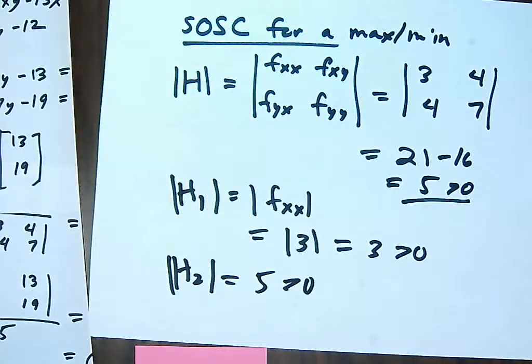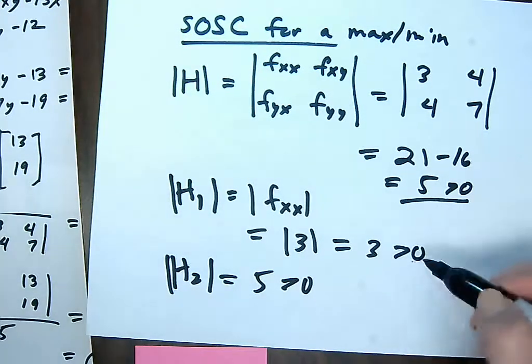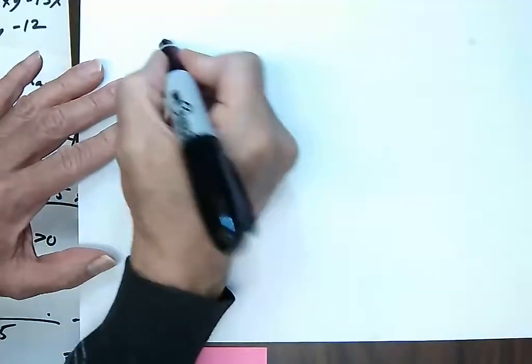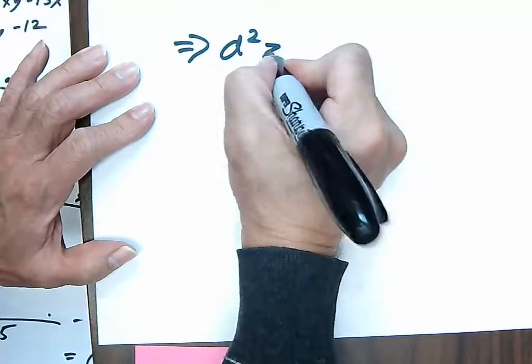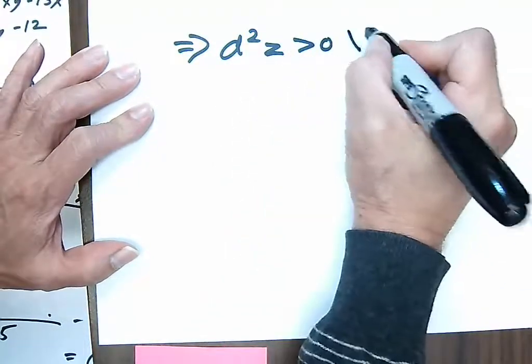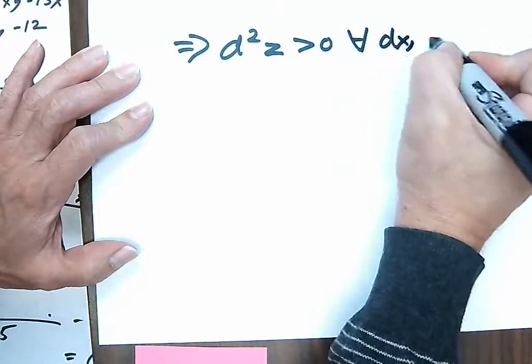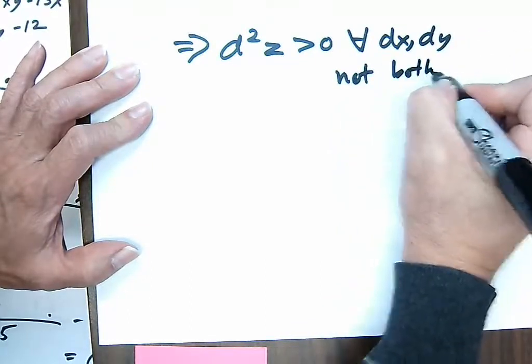So what can we now conclude? We know the first principal minor of our Hessian is positive, and the second principal minor of the Hessian is positive, which implies the second order differential of z is going to be positive for all values of dx and dy not both 0.